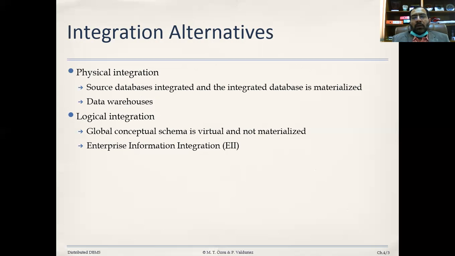There is no need for physical integration, because if you do so, then you are not going for the distributed mechanism. You're not talking about the same schema we discussed in the previous chapter, where we had the GCS definition and LCS definition and various architectures for their representation. That is also called EII, Enterprise Information Integration.